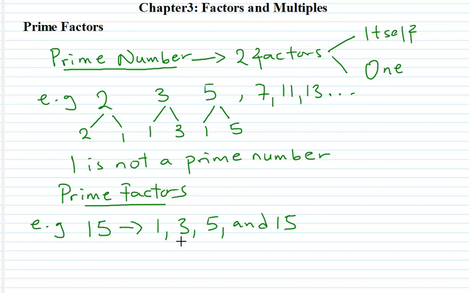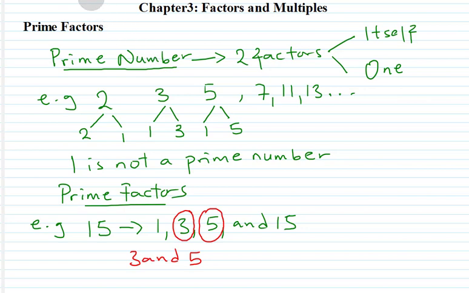We have 3 and 5. So the prime factors of 15 will be 3 and 5. Those factors of a particular number that are prime are what we refer to as prime factors.